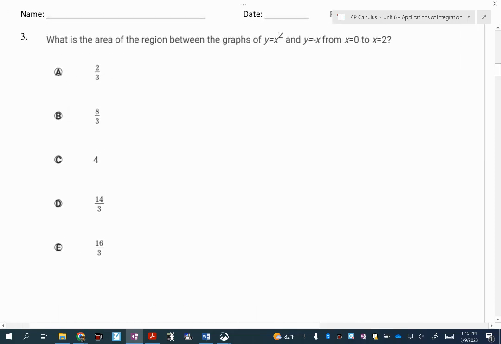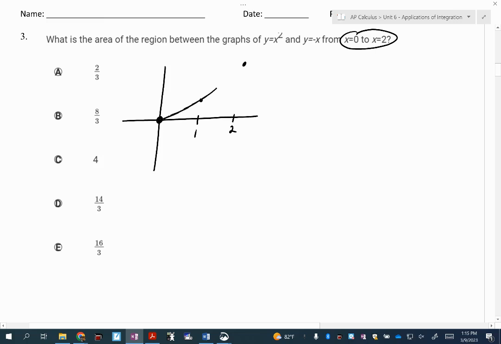What is the area of the region between the graphs of y equals x squared from 0 to 2 and y equals negative x? All right, so 0 squared is 0, 1 squared is 1, and 2 squared is 4. So I'm going to graph this.